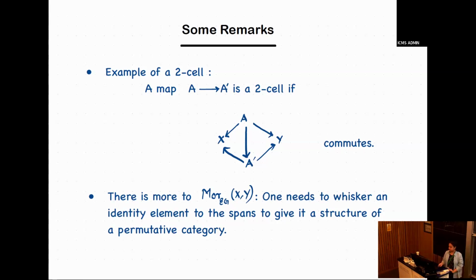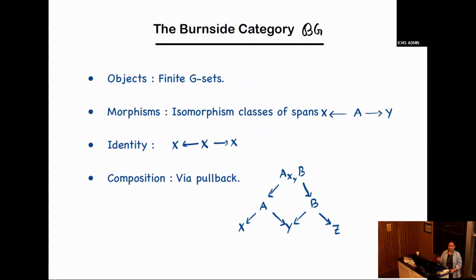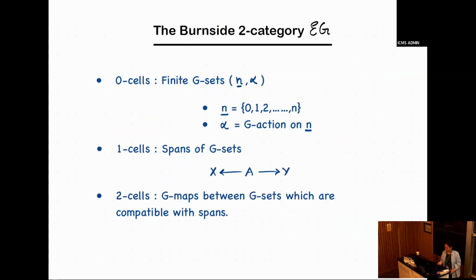Since the 1 cells are not isomorphism classes anymore, they are just spans, unless I introduce an identity-like element, the identity element that was there in the Burnside category doesn't act as an identity element when you're trying to do disjoint union as your group structure. So we have to introduce some other element in the morphisms.